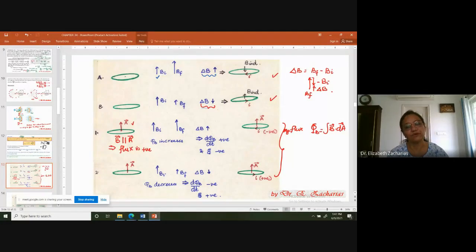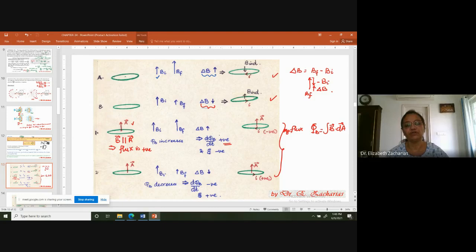Will you agree that flux is positive? Because B dot dA will be positive, since B and A are parallel. In the next picture, the final magnetic field is increasing. Flux is still a positive number and its value has increased. Therefore, d phi B by dt will be positive.